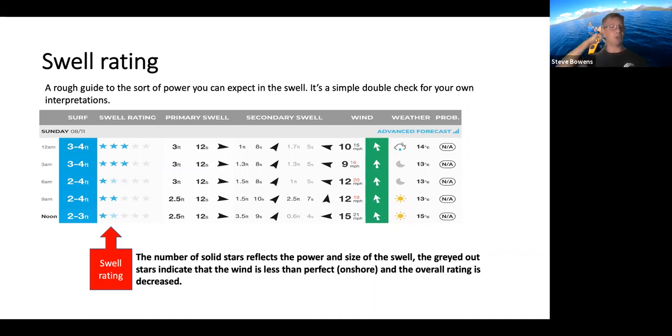Surfers are looking for waves with an offshore wind, which is wind blowing from the land out to sea, which will hold those waves up. The longer the wave is up, the longer the person can surf along it, and also the more powerful that wave tends to be, so they can go faster along it. So that's the first thing to look at: the star rating.